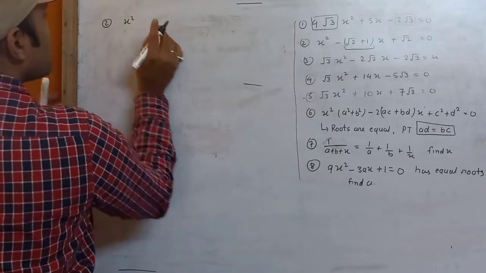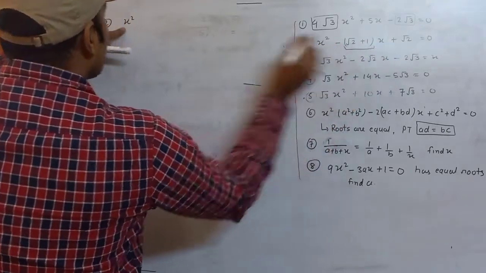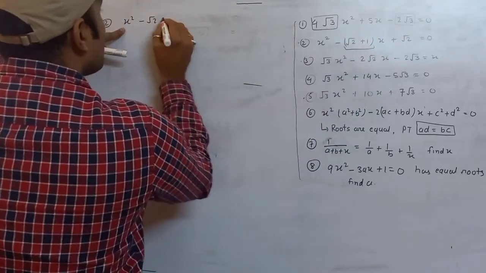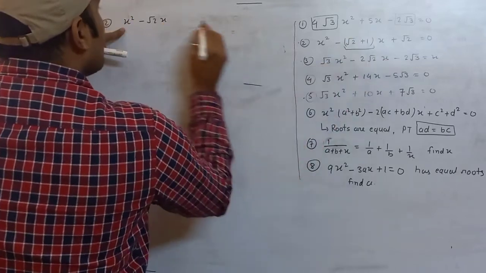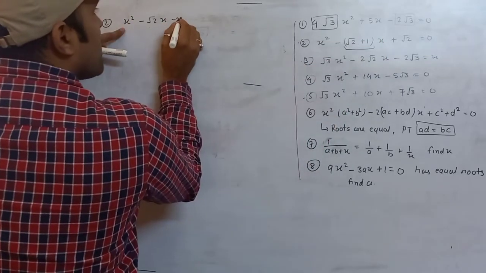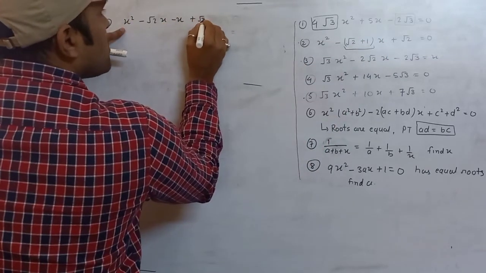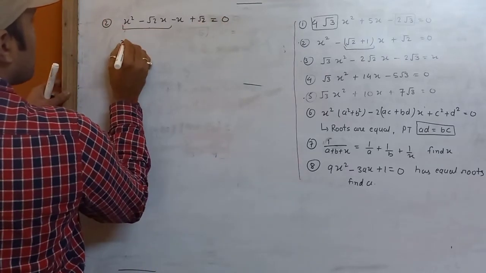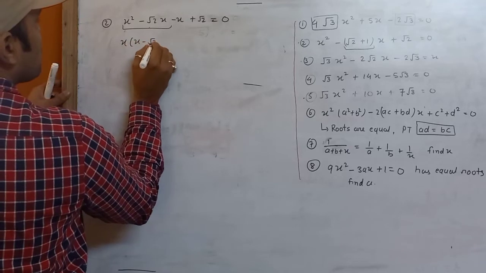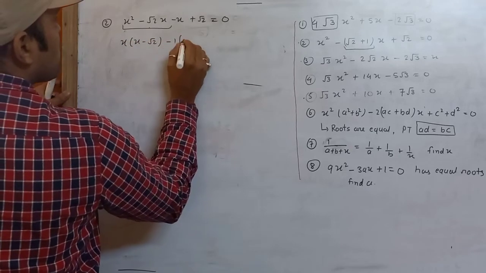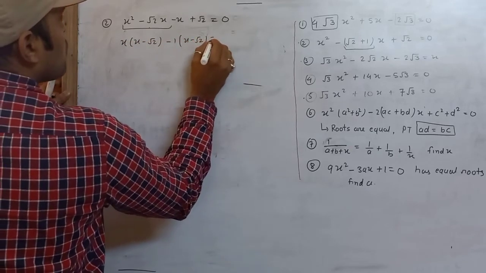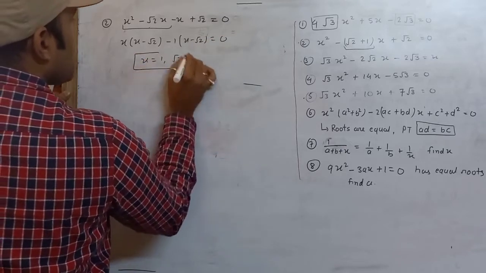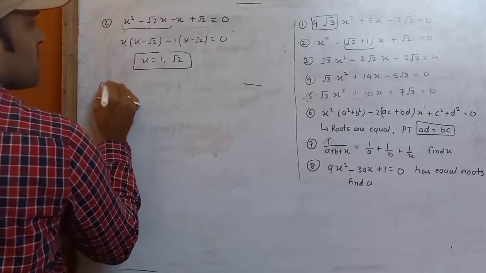Just expand it: x square, minus root 2 x, multiply x with 1, so we will get minus x, and the c part is root 2, which is equal to 0. From here x minus root 2, and from here minus 1, so x will be 1 and root 2. This is very simple.